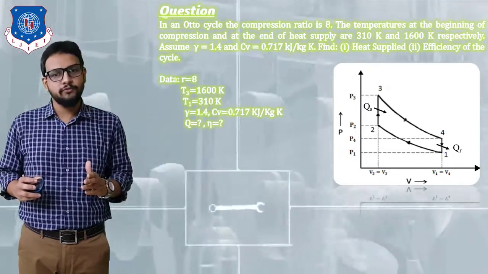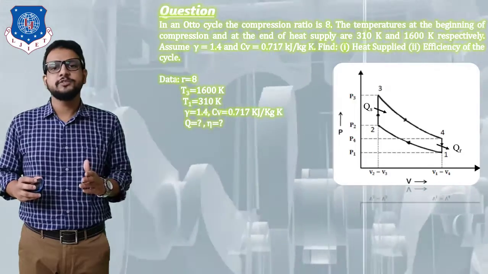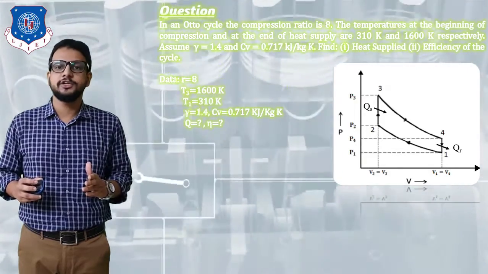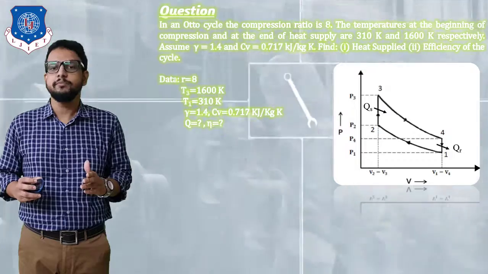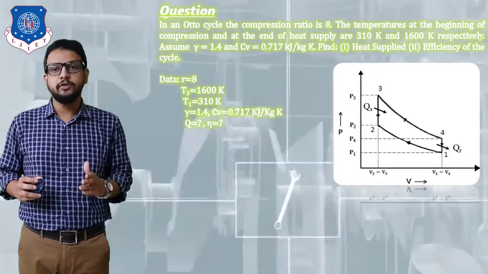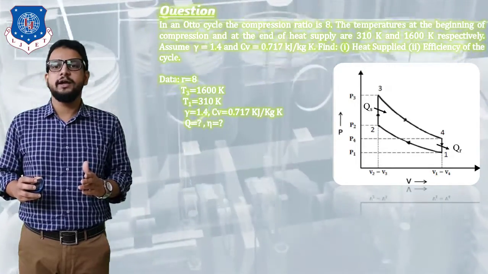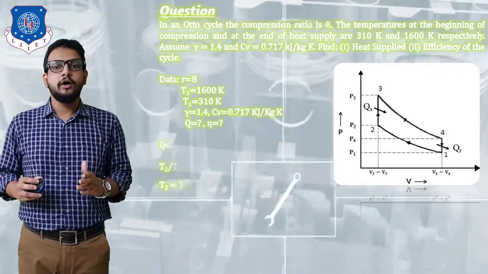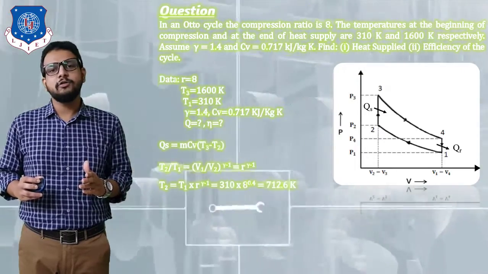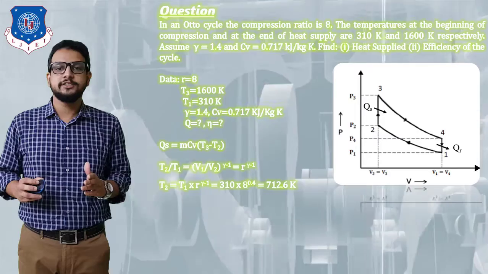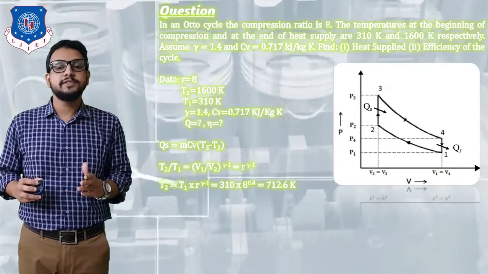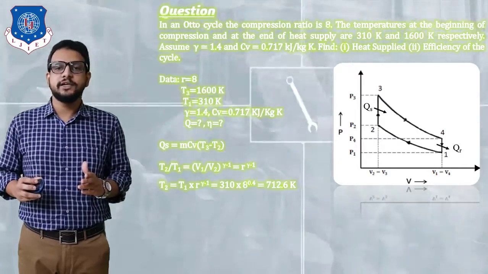Gamma is given as 1.4 and CV, the specific heat capacity at constant volume, is 0.717 kilojoule per kg Kelvin. You need to determine capital Q and eta. Now, how can we proceed? First of all, writing down the formula for heat supplied, QS equals m CV (T3 minus T2).